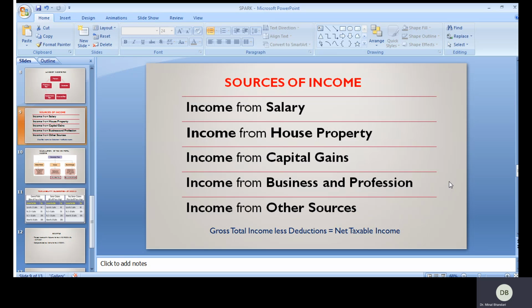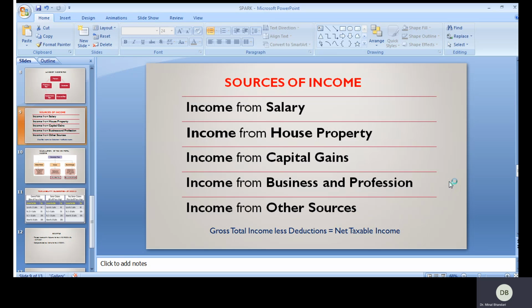Or the person who is selling any kind of share, any kind of debenture or any kind of property, then that income is capital gain. Or if the person is engaged in business or profession, they may not have the other sources like salary, house property, capital gain and other sources.